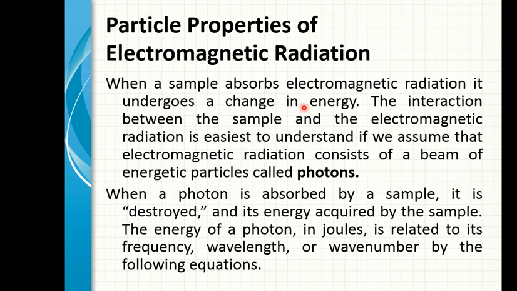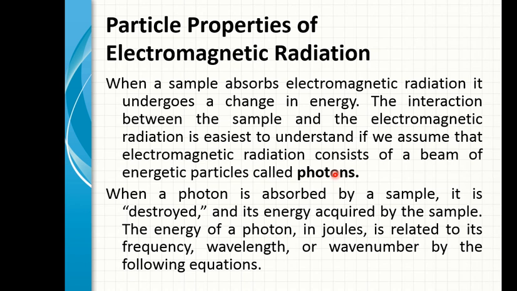When the sample absorbs electromagnetic radiation, it undergoes a change in energy. There is an interaction between electromagnetic radiation and the sample, and this interaction causes a change in energy of the sample. This is easy to understand if we assume that the electromagnetic radiation consists of a beam of energetic particles called photons.